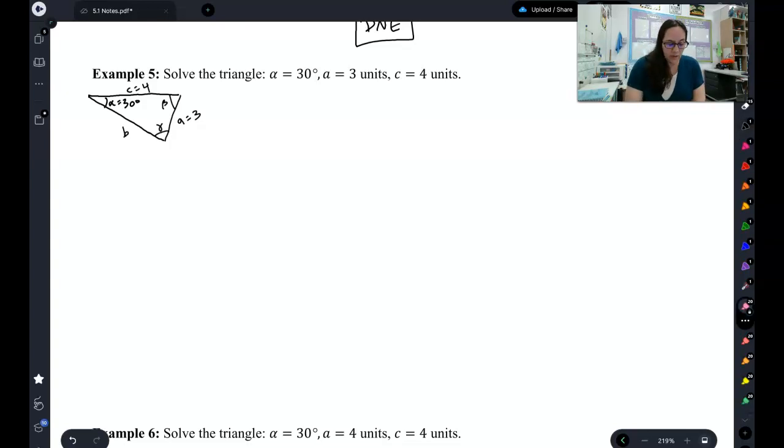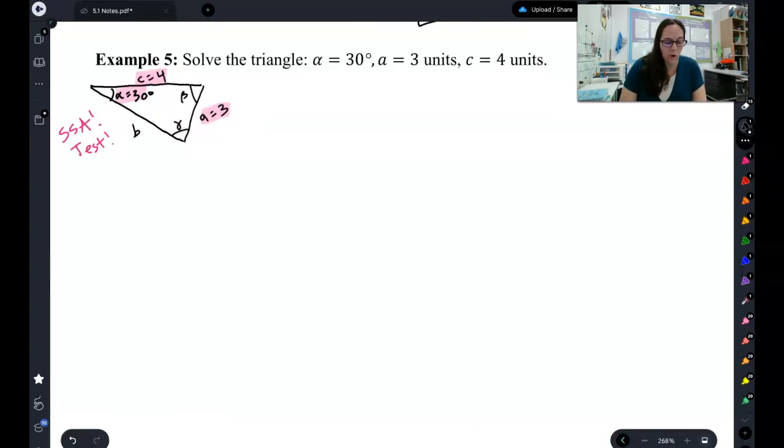First thing I noticed, this is side-side-angle, so I have to do my ambiguous test. That starts by finding the only angle I can, which in this case, same as before, is gamma. So sine of 30 degrees over 3 equals sine of gamma over 4.